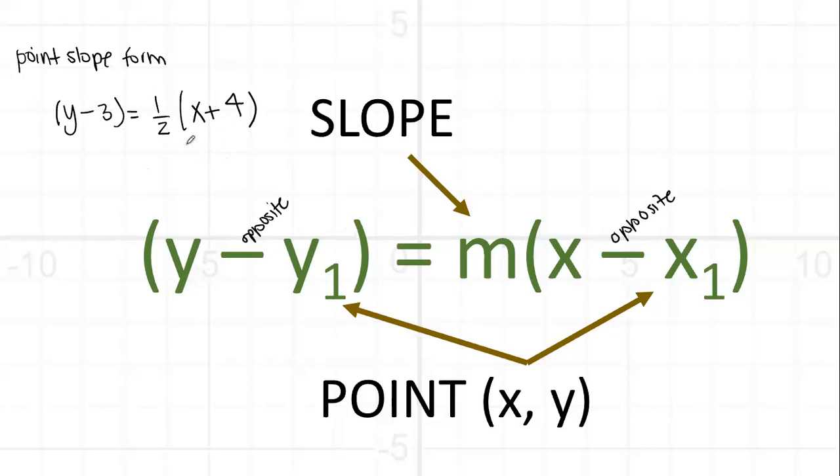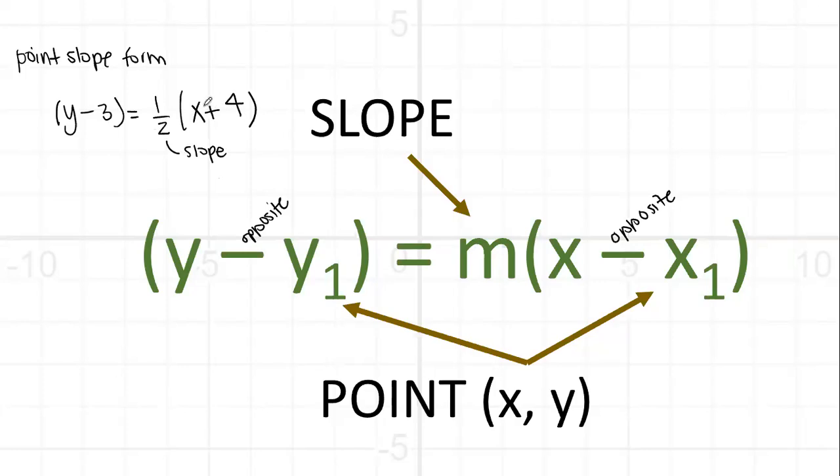1/2, perfect. So this 1/2 is substituted in the m place. So this is the slope of this equation, 1/2. The second and the hardest is finding the point. What point is on the line of this equation? Now, I already told you it's opposite.